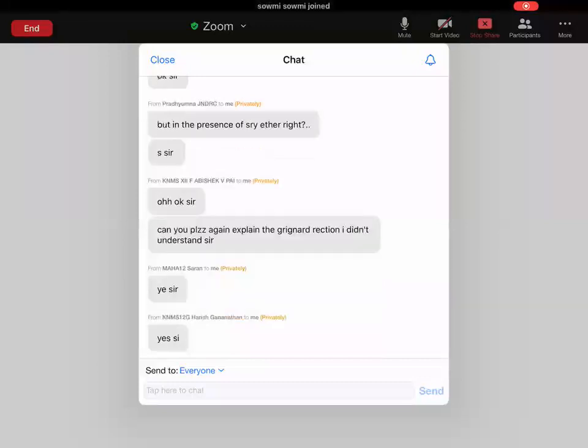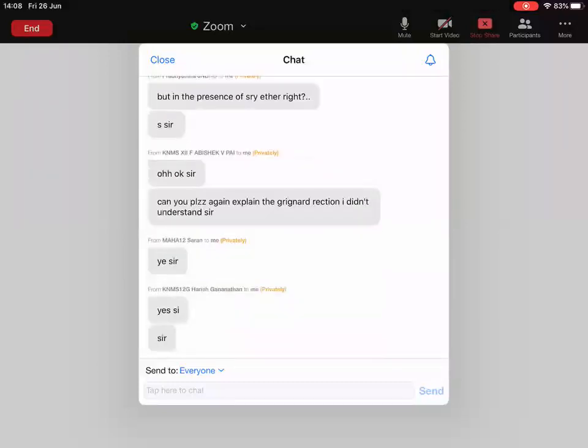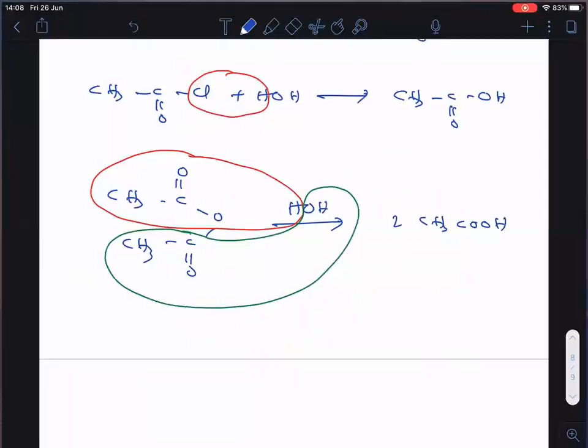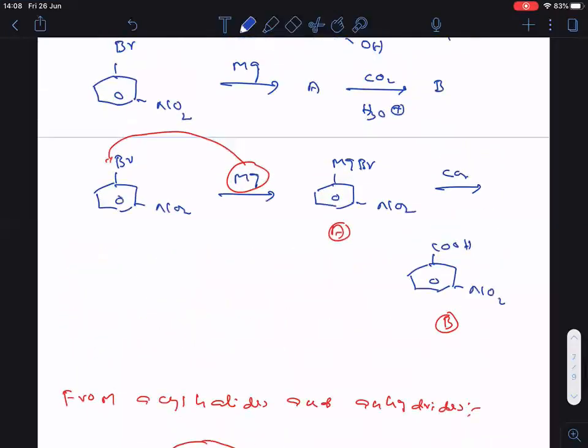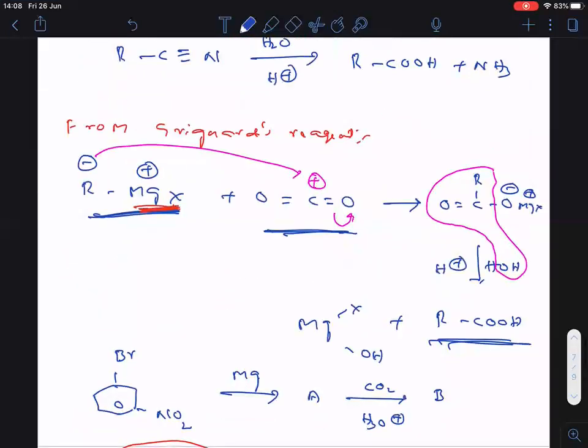One student from KNMS is asking to explain the Grignard reaction once again. What is the problem in the Grignard? Now R minus of Grignard attacks on the positively charged carbon. Then you will get one intermediate, which on hydrolysis gives carboxylic acid.